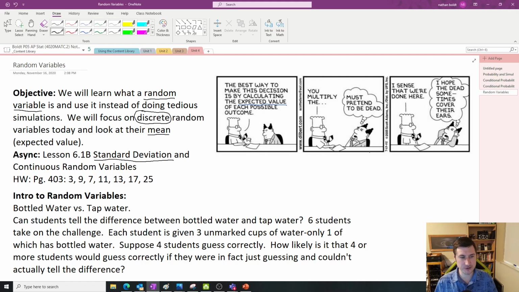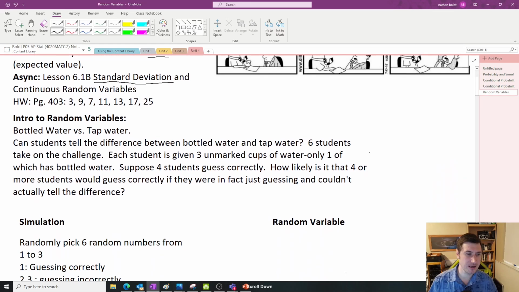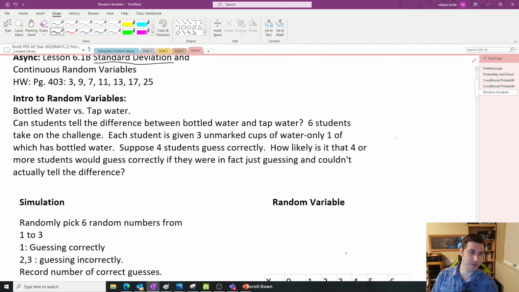But first, random variables. All right, what can we do here? So here's a scenario where a random variable will be useful. Bottled water versus tap water. Do you think you can tell the difference between bottled water versus tap water? Man, I would love to do that experiment to see if you could. So can students tell the difference between bottled water and tap water? 6 students take on the challenge.